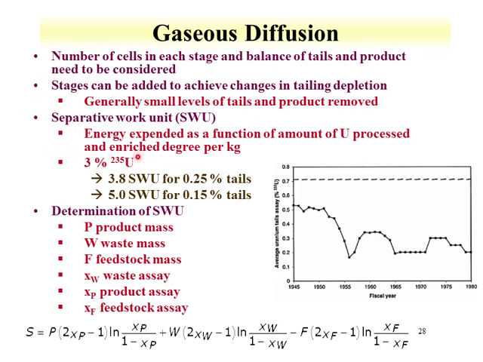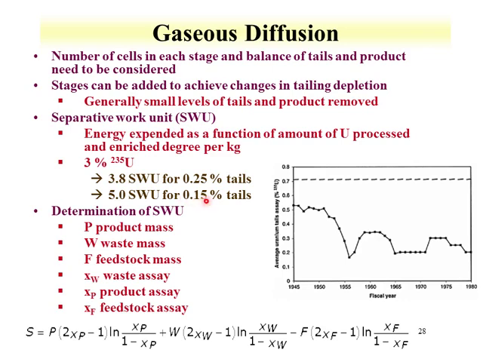A unit that's used to evaluate the relative energy for enrichment is called the separative work unit. It's the energy expended as a function of the amount of uranium processed and enriched to a degree per kilogram. So for instance, if I want to get to 3% uranium-235, and I have tails that are 0.25%, I would need 3.8 separative work units.